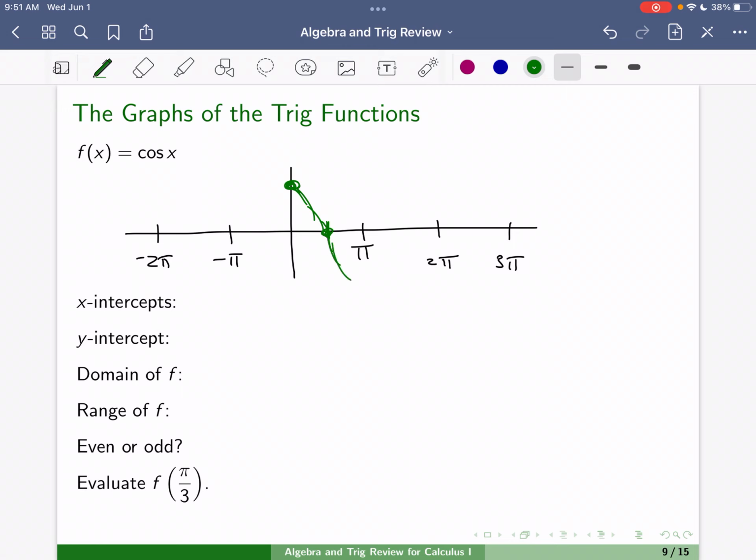At pi, we should be at negative 1. At 3 pi over 2, we're at 0. And we're back to 1. And this process continues in both directions.